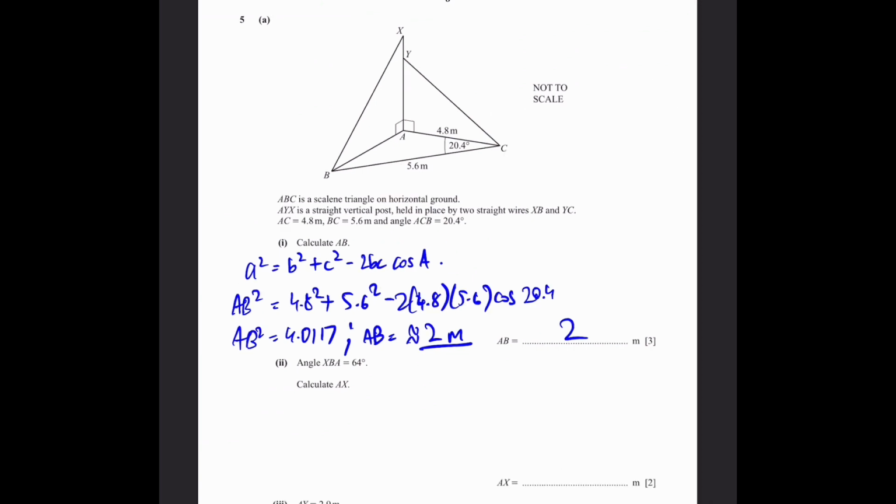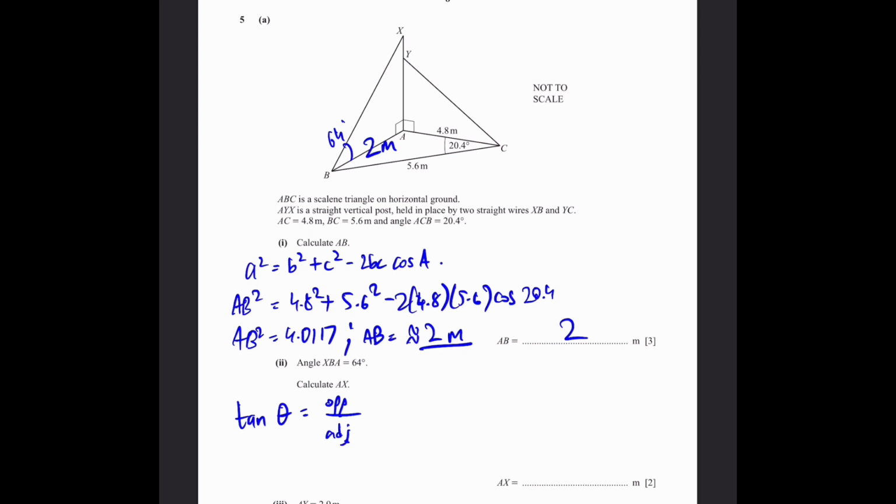Angle XBA is equal to 64 degrees. Calculate AX. So first let's write the side AB is 2 meters. Now angle XBA is 64 degrees. We can use tan. So tan theta is equal to opposite by adjacent.